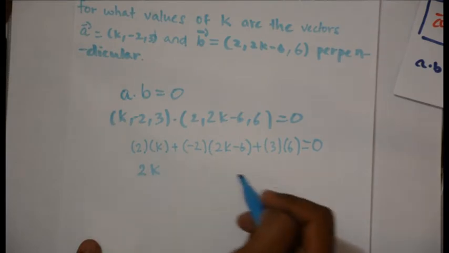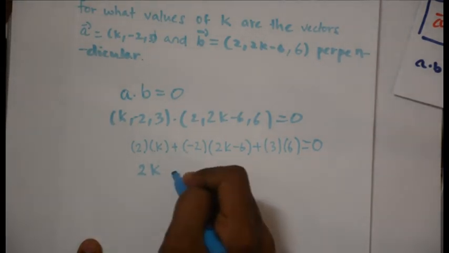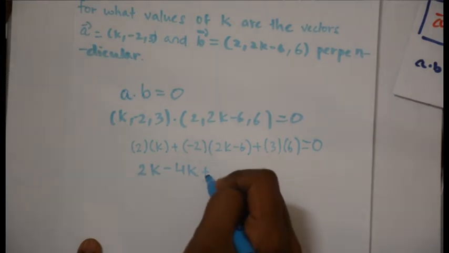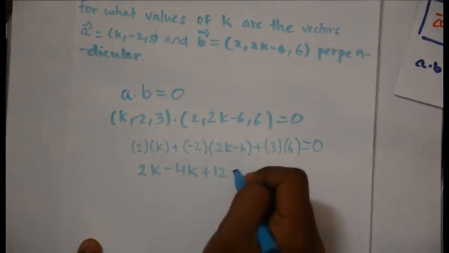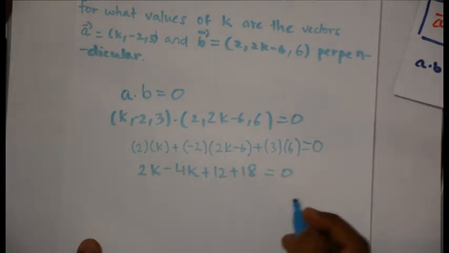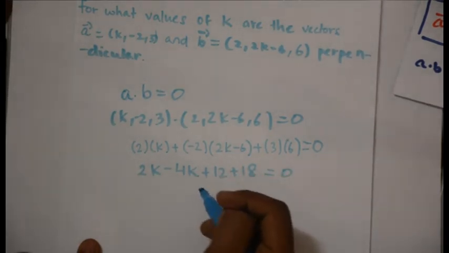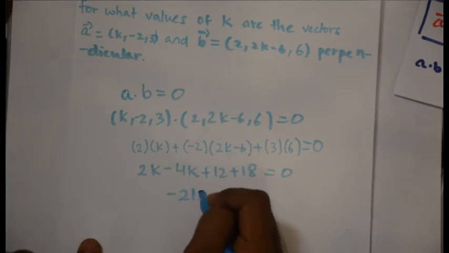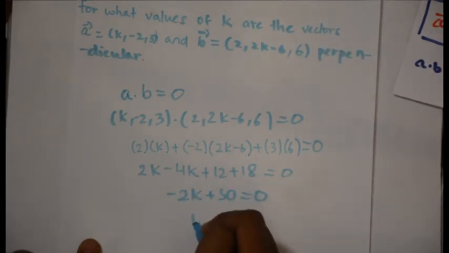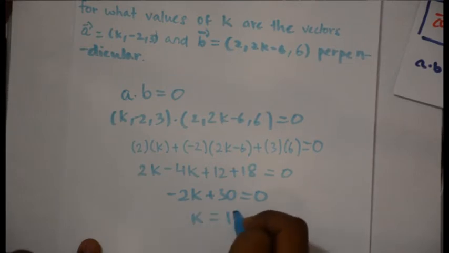So this is 2k square minus 4k plus 12 plus 18 equals 0. Solving for k, we get minus 2k plus 30 equals 0, where k equals 15.